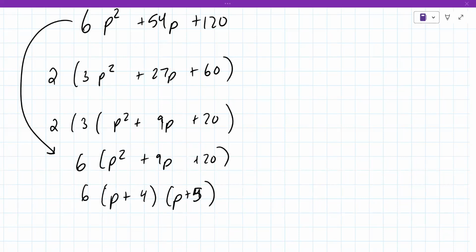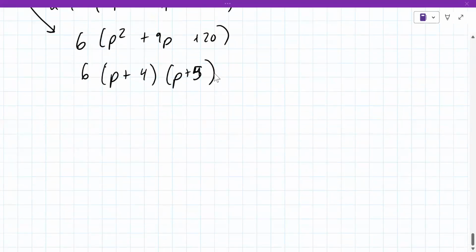Let's see if I can grab one more for us to look at here. All right. So we've got 2y squared plus 5y plus 3. Oh yeah, you have to multiply, that would be 6.